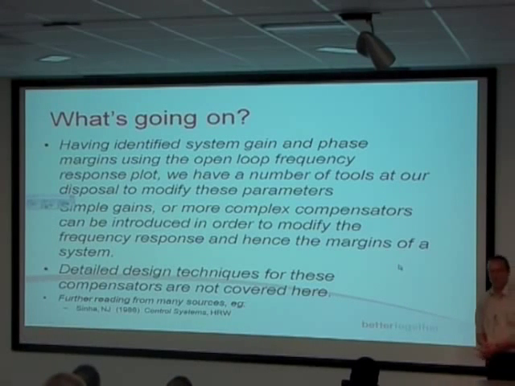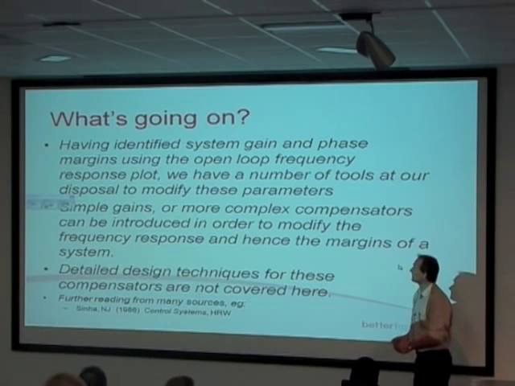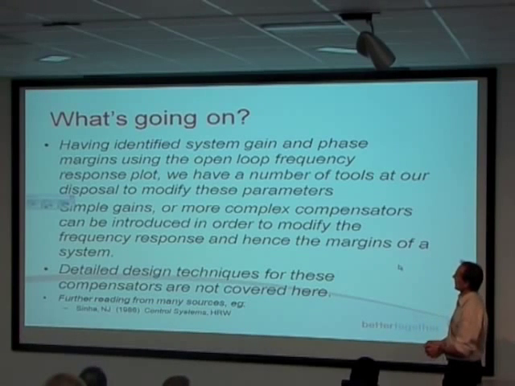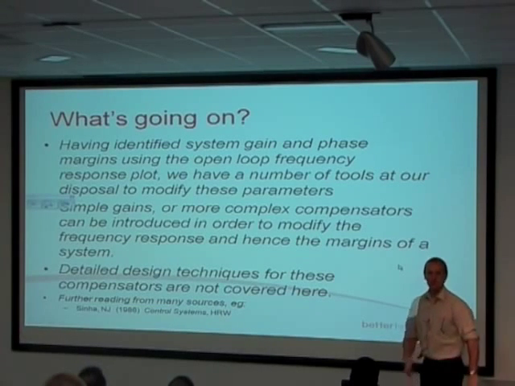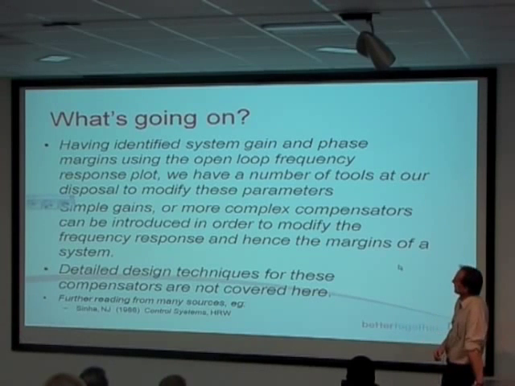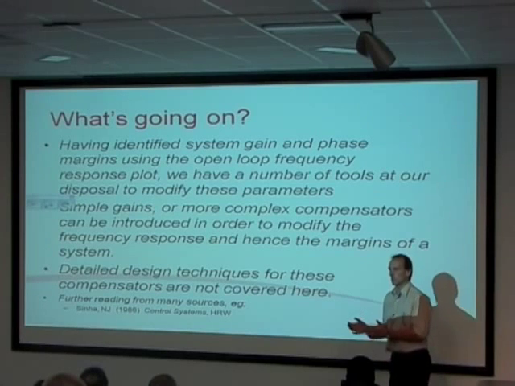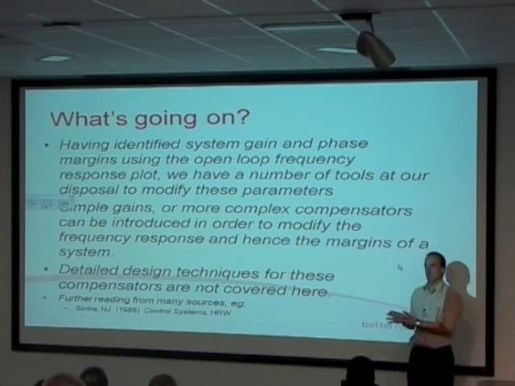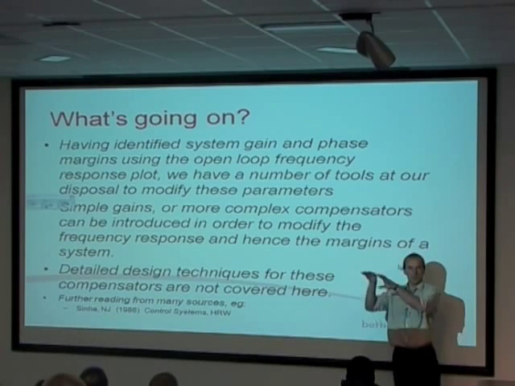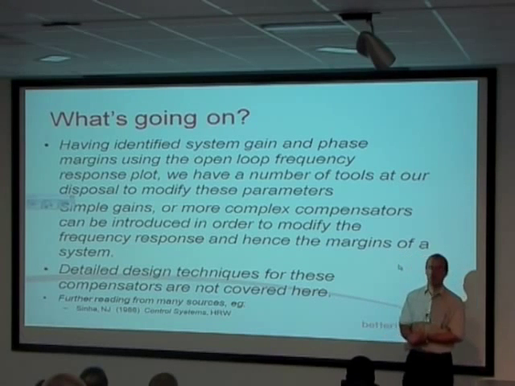So, what's going on? Having identified gain and phase margins, which by now you understand, using the open loop frequency response plot, we've got a number of tools at our disposal to modify those parameters. We can use a simple gain. We all know, just putting a gain in there, we can move the amplitude plot up and down to suit ourselves.